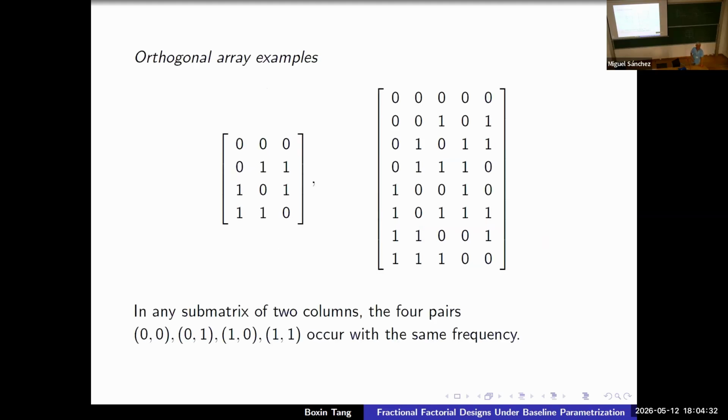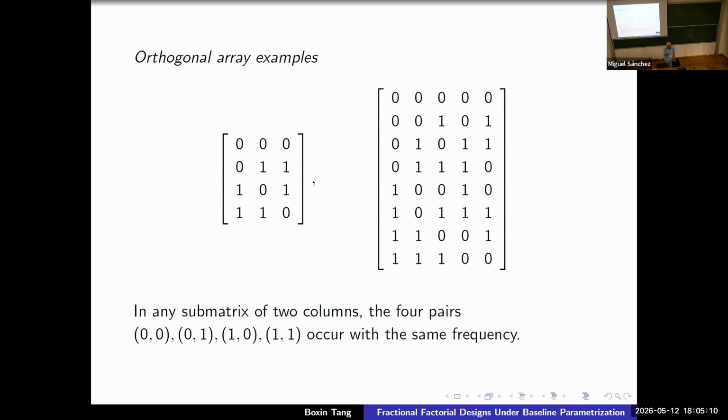I'll give you some examples of orthogonal arrays for those who have never heard about them. The first design has four runs and three factors. It is an orthogonal array because if you look at any two columns, you can just look at the first two columns, and in the rows you see 0,0, 0,1, 1,0, 1,1, right?